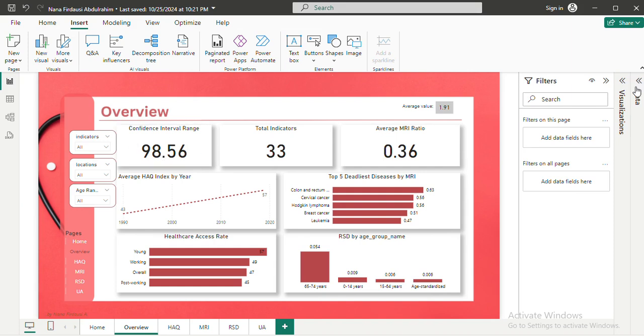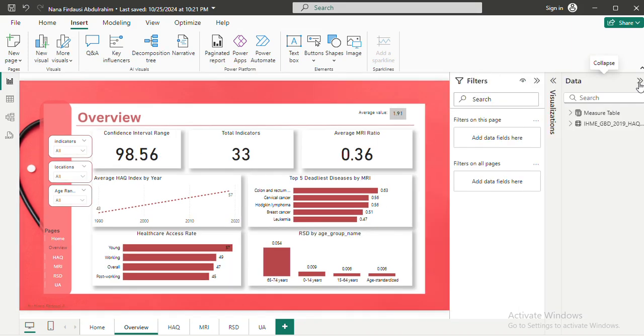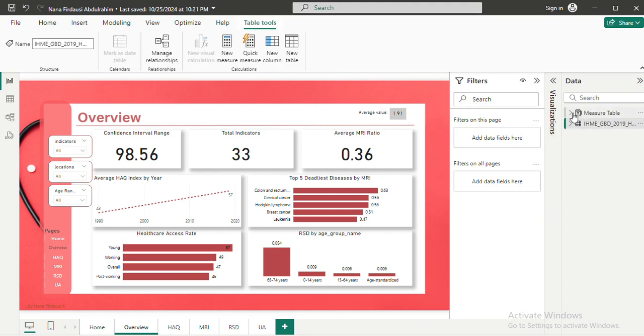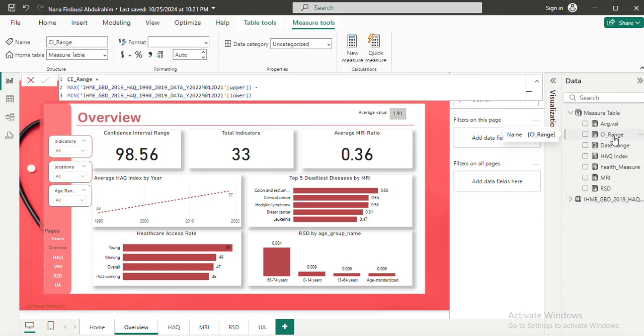I used a DAX measure to calculate the confidence interval range. So I used a DAX measure to calculate the maximum upper value minus the minimum lower value, and I was able to get the confidence interval.